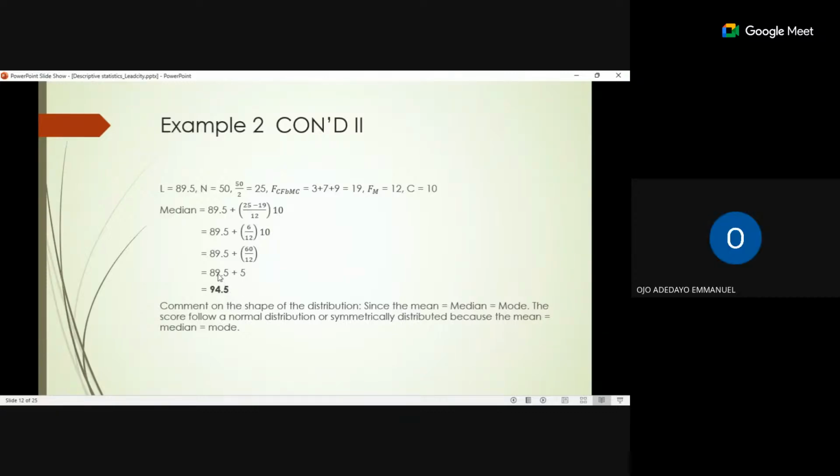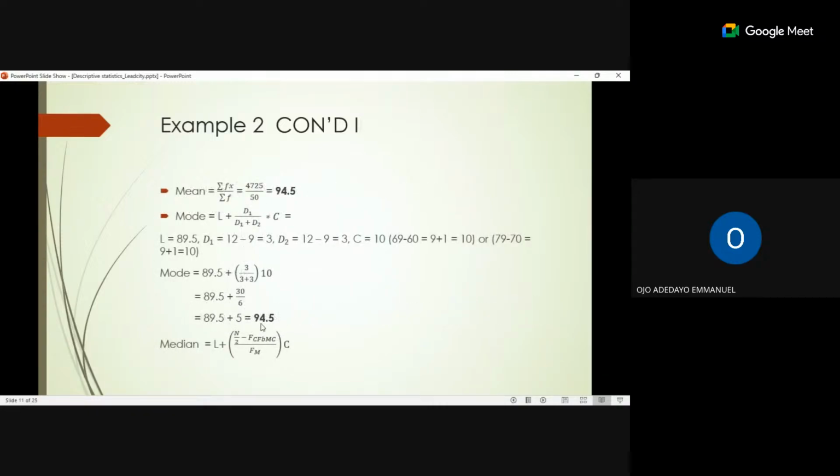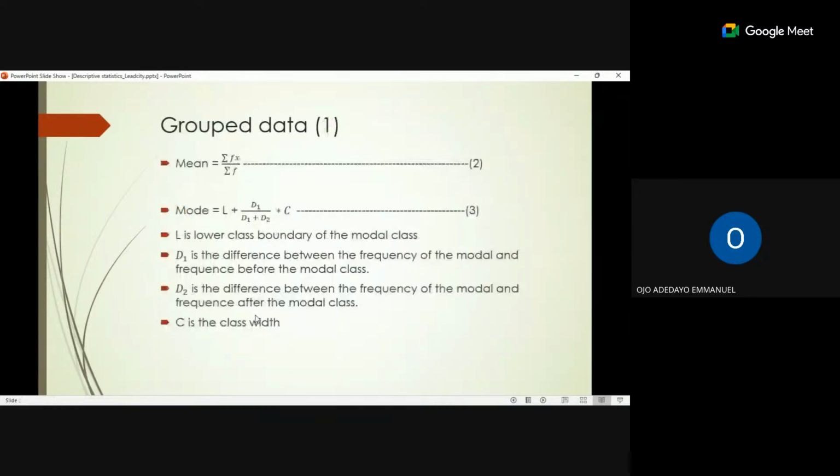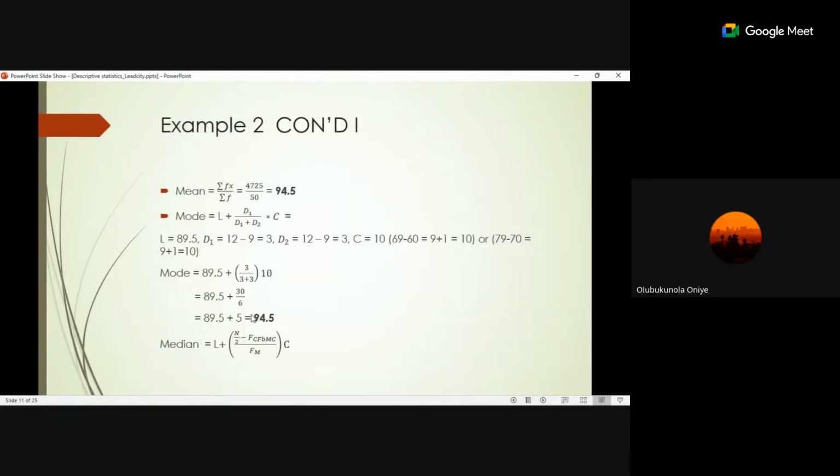If you look at something here, this is very unique. The value that we got for our median is 94.5. The value that we have for our mode is 94.5. And then the value that we have for our mean is also what? What do we get? 94.5. Now, in a situation whereby they can ask you to comment on your distribution or comment on your data set, immediately you see that your mean is equal to your median and is equal to your mode, what do I mean by that?